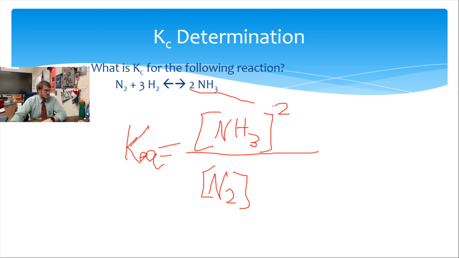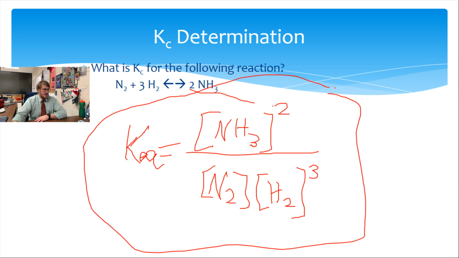Its coefficient is 1, so it does not get a raise to, we just put it next to it, the other reactant, [H2] with a 3 coefficient, so 3 exponent. That is the Keq value, or Keq constant.